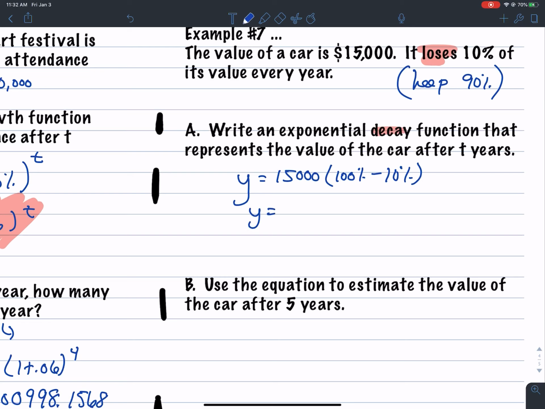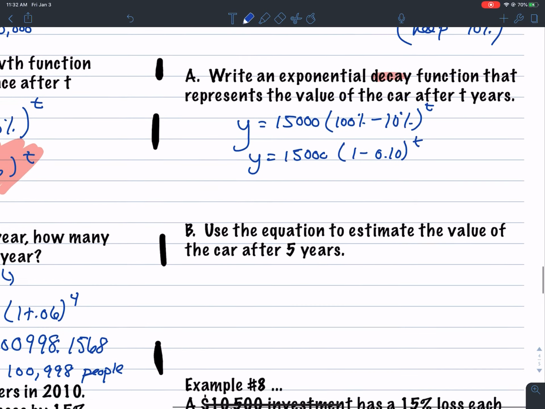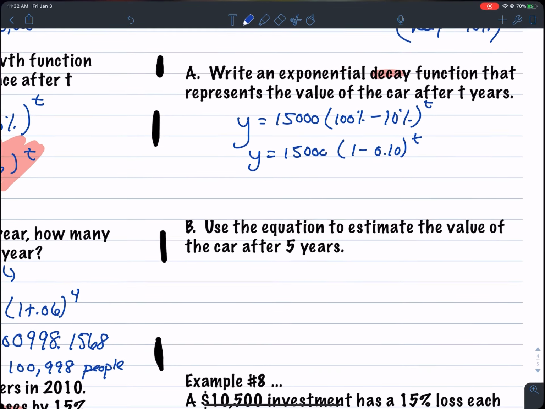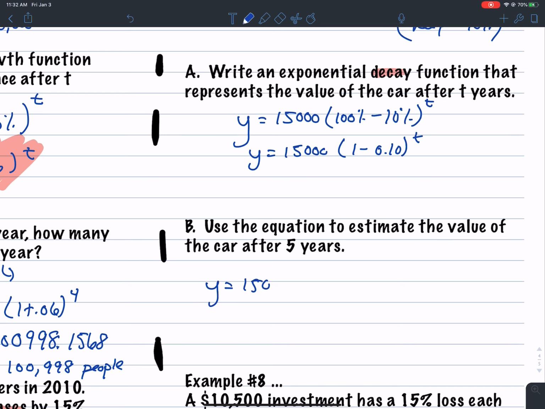So this is y equals 15,000 times 1 minus 0.10 to the power of t. So use the equation to estimate the value after 5 years. Again, we would simply just plug that into our equation and use our calculator to evaluate. So I'm going to skip that in the video.